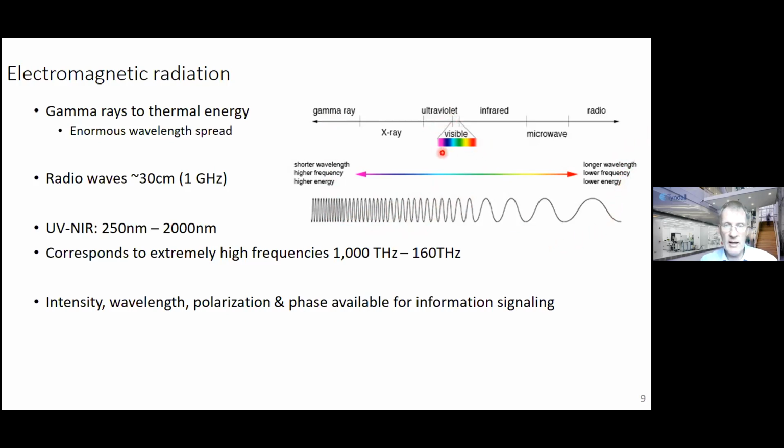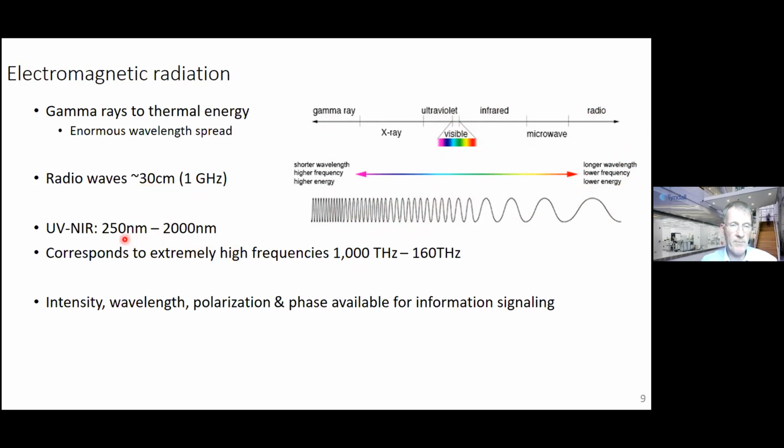We're interested in the visible part and the infrared part of the spectrum, whereas the people who work in radio are interested in gigahertz. So if you've got a phone, your phone is working at probably a 2 or 3 gigahertz signal. So it's about 10 centimeters in wavelength for the radio waves.